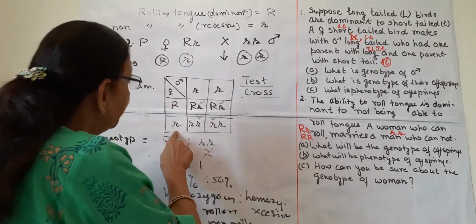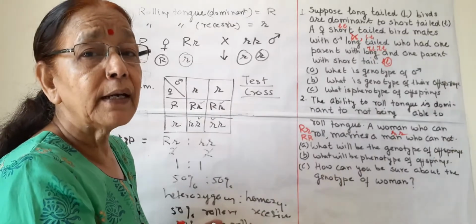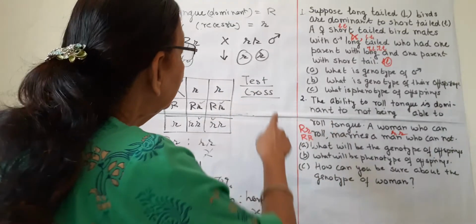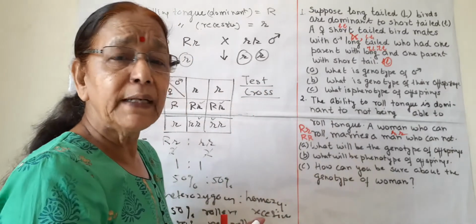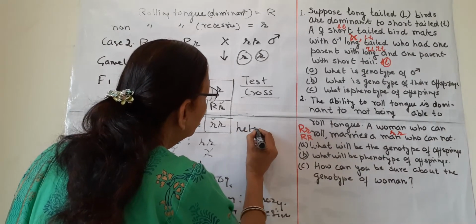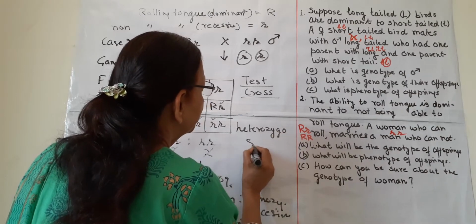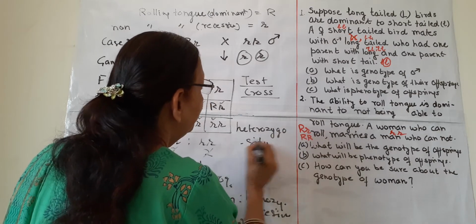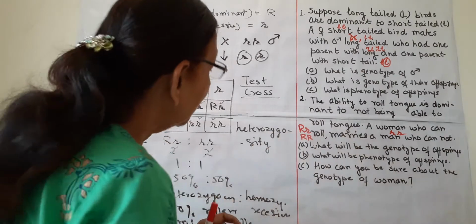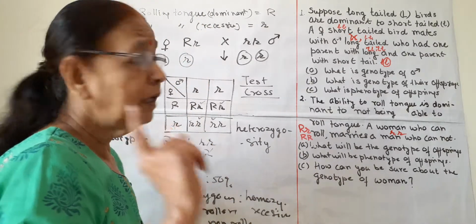The other parent can be heterozygous or homozygous dominant. Why the name test cross? What are we testing? We are testing the heterozygosity of the genotype of one of the parents.